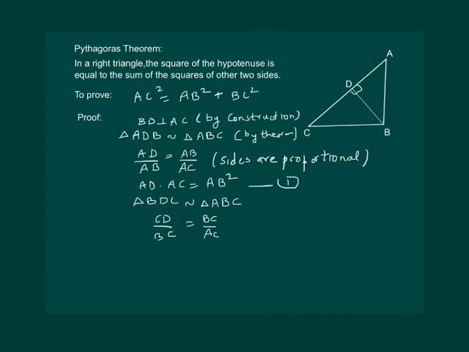This will give us CD into AC equal to BC square. Mark this as 2. Now adding the first and the second equation, we will get AD into AC plus CD into AC equal to AB square plus BC square.